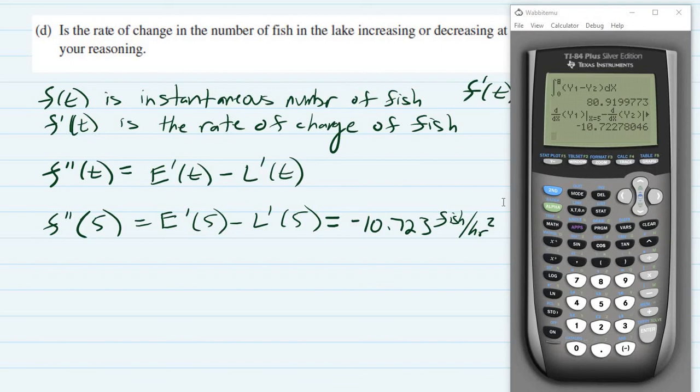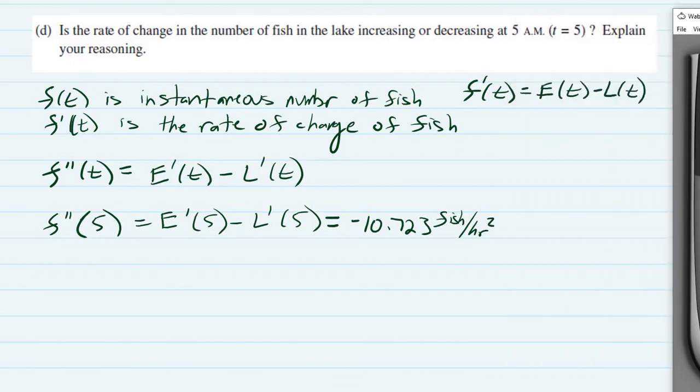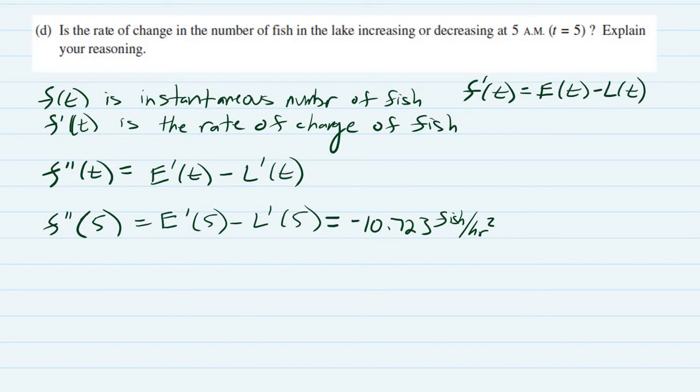So that means at the exact moment that t is equal to 5, the rate of change of the fish is decreasing at 10.723 fish per hour every hour.